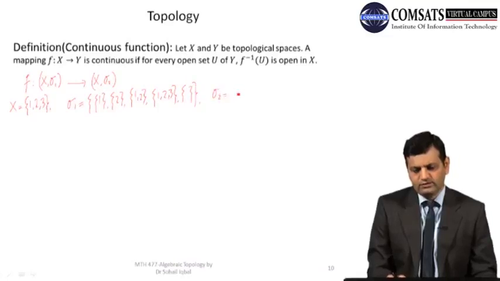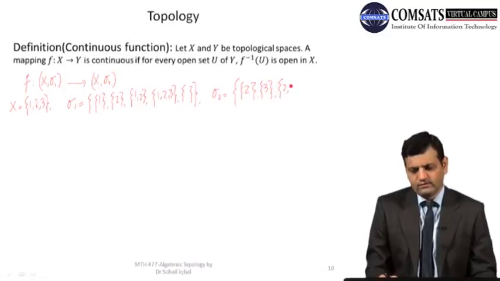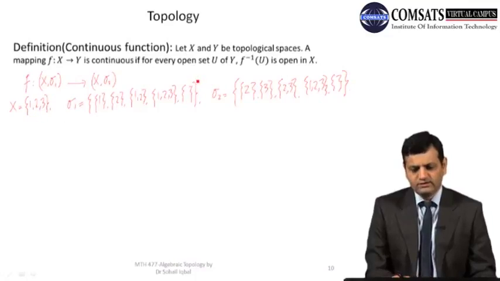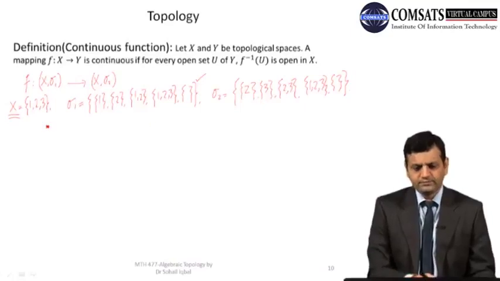Similarly, we can take sigma 2 to be another collection of sets: {2}, {3}, {2, 3}, {1, 2, 3}, and phi. We can see that X under this collection of subsets of X is a topology, and similarly the same set X under this collection of subsets of X is a topology.